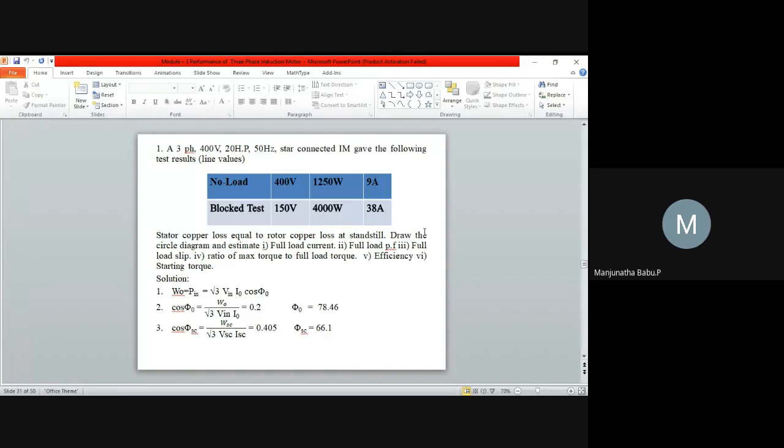So let us go for the circle diagram numerical. Do you have any doubts with respect to any procedure? Do you have any doubts with respect to the previous classes? Hello?